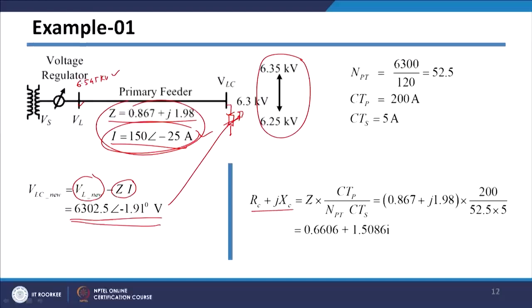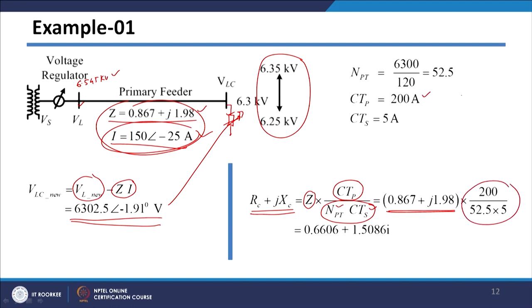Then, as I told you, the second objective of this example was to calculate the impedance settings of your compensator. We have derived the formula itself. It is Z multiplied by CT primary, divided by NPT, the ratio of the potential transformer, multiplied by the CT secondary current. The impedance of the line is given, and these are the various ratios.